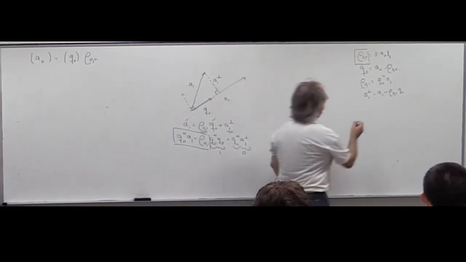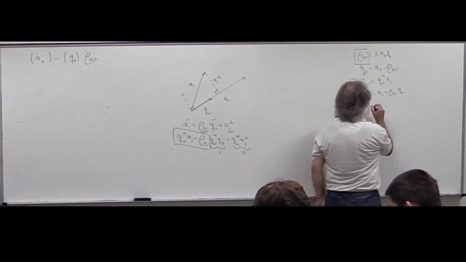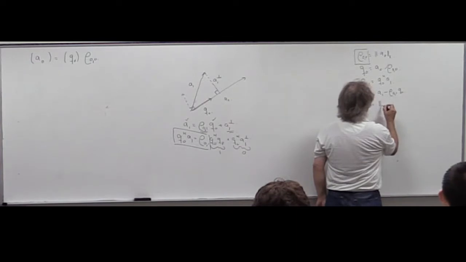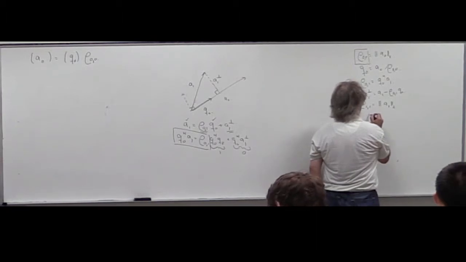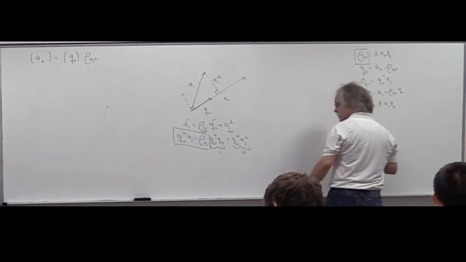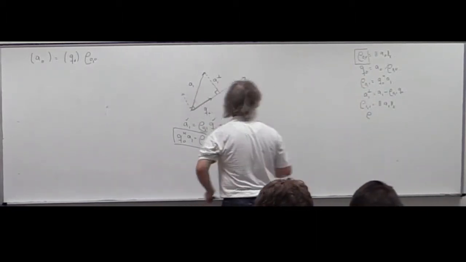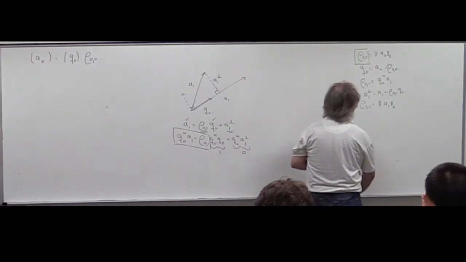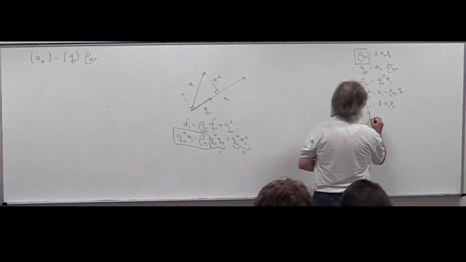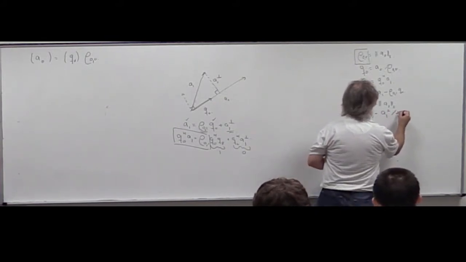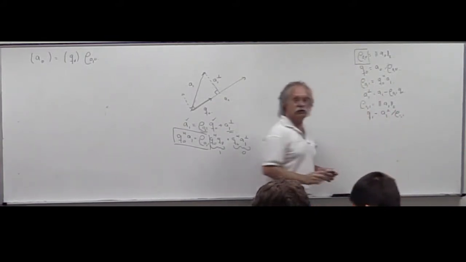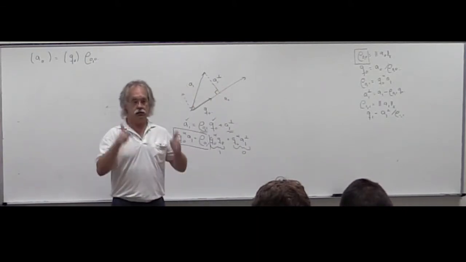So what we do is we say let rho 1,1 be equal to the length of A1. And then let's let Q1 be A1 perpendicular divided by its length. So far, so good?